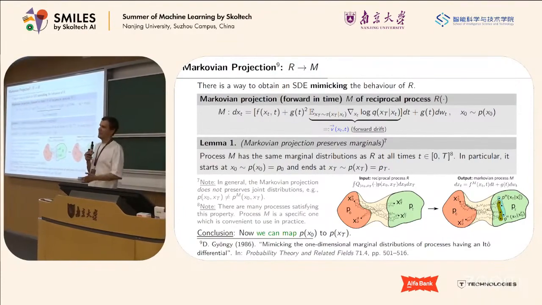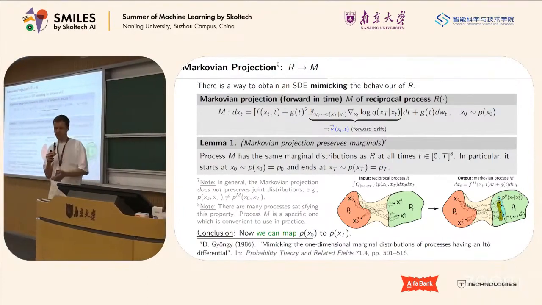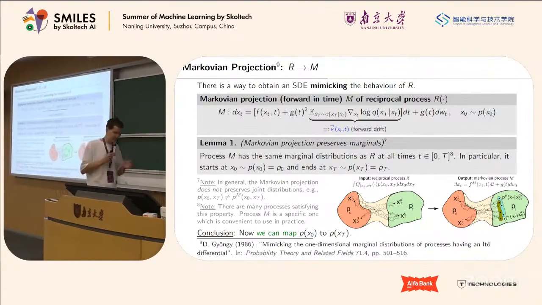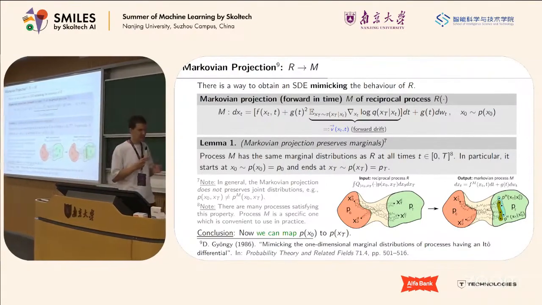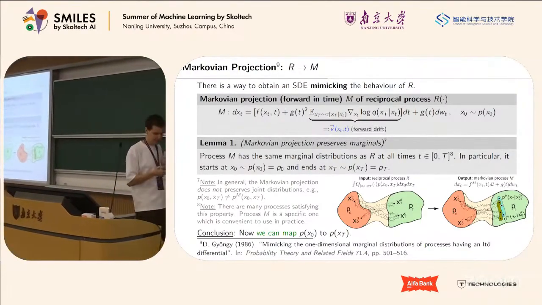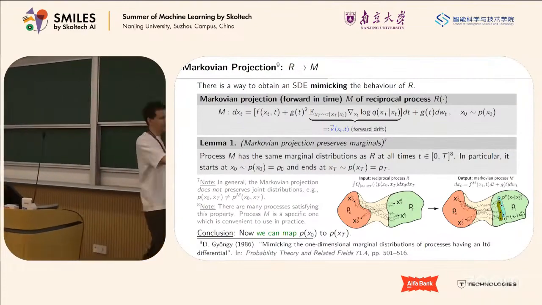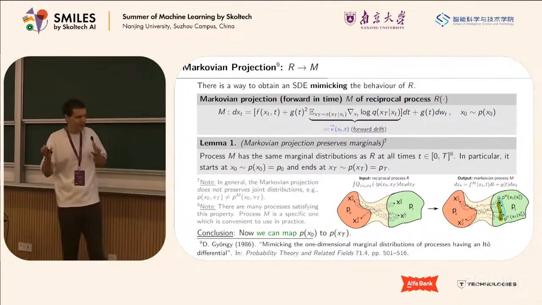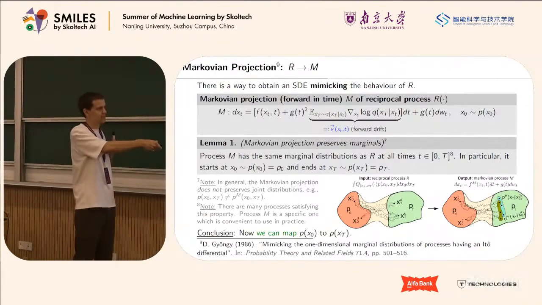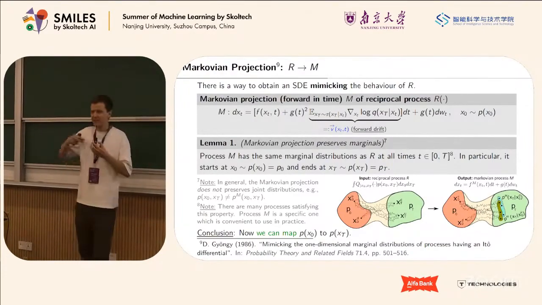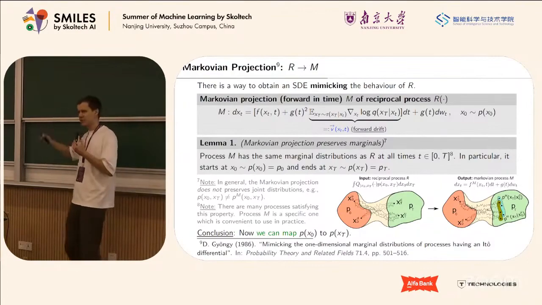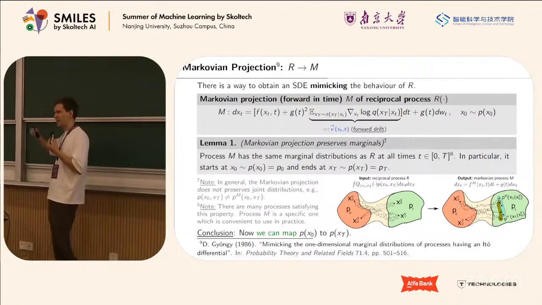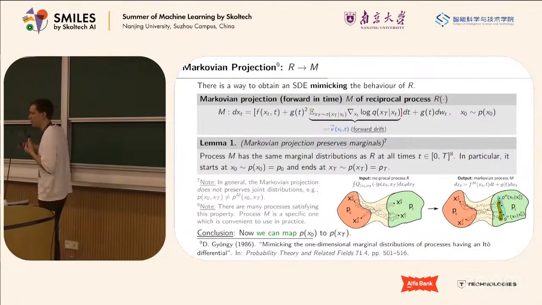You can consider Markovian projection for more or less any reasonable stochastic process. Roughly, for a given process which has some properties, it tries to obtain another process which simulates the properties of the original process, but at the same time is Markovian.